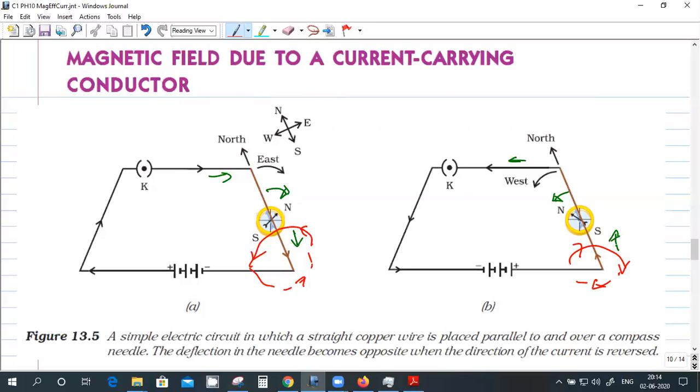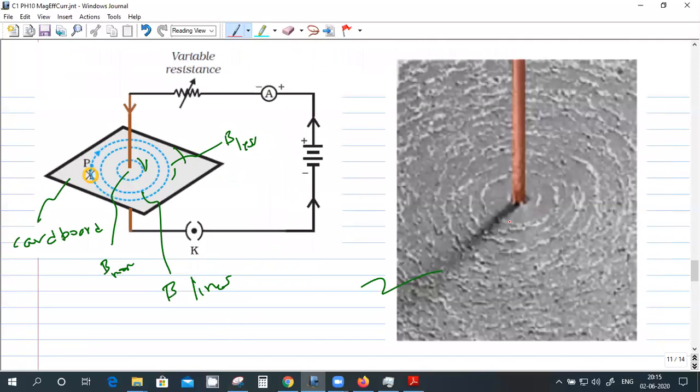You know what the plane of the paper is, right? Something coming out from the screen towards you is out of the paper, and into the paper means something going into the screen away from you. So in the first case, the thumb should point towards you. In the second case, the thumb should point into the screen or the paper. From this, you get the direction of the magnetic field.